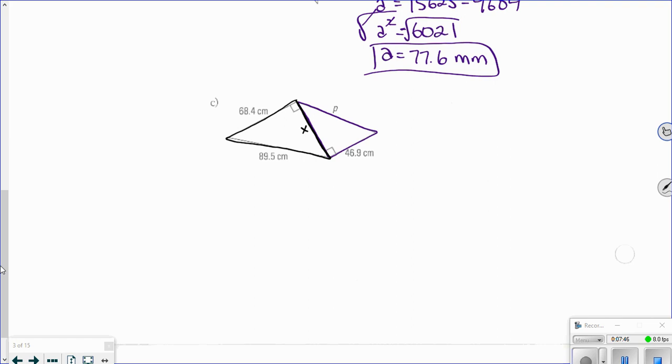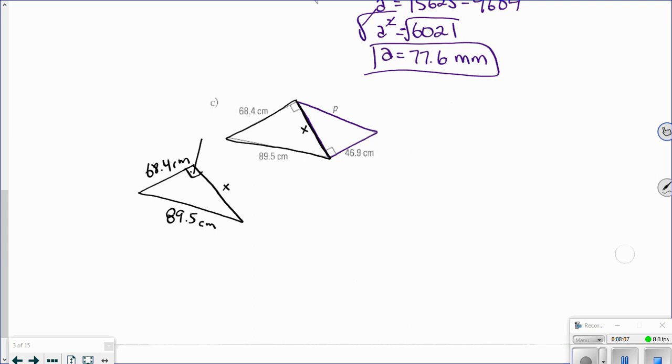So I'm just going to redraw that part of the triangle. This is 68.4 centimeters, 89.5 centimeters. This is the side I don't know right now.